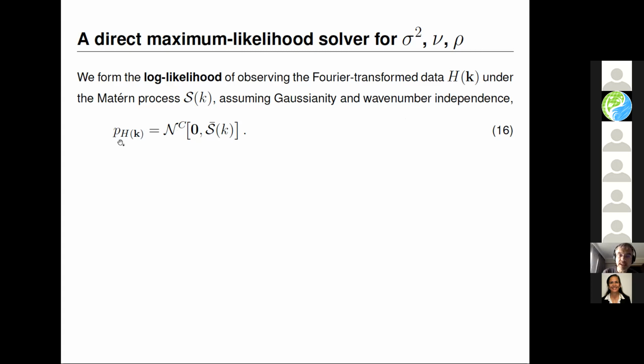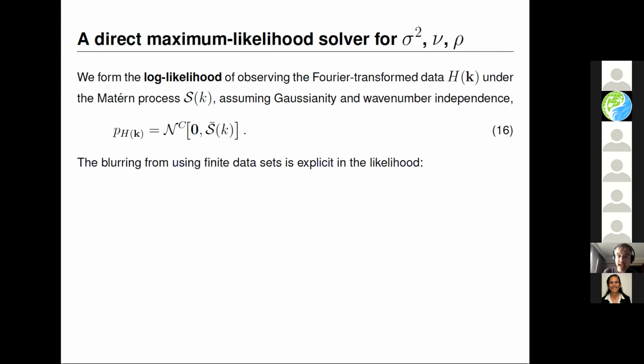So I'm writing a probability of observing H as a complex normal distribution with 0 mean, and with a variance which is that blurred spectral density, because again, this is the probability of observing these data when I've actually observed them in a specific region with a specific grid, with a specific boundary.